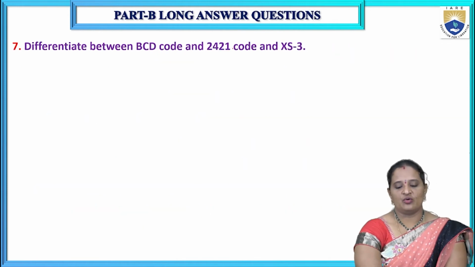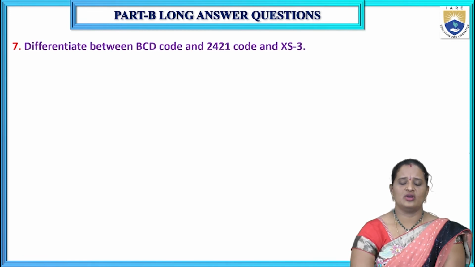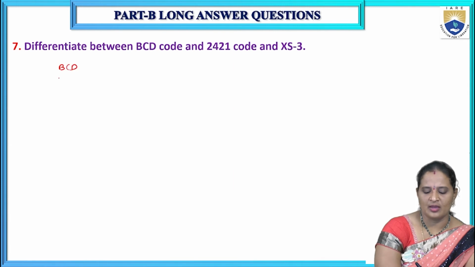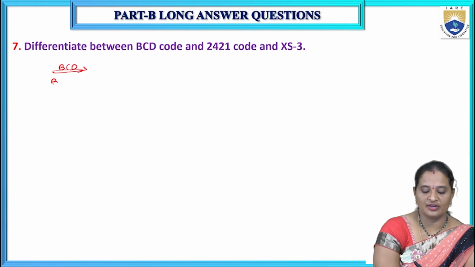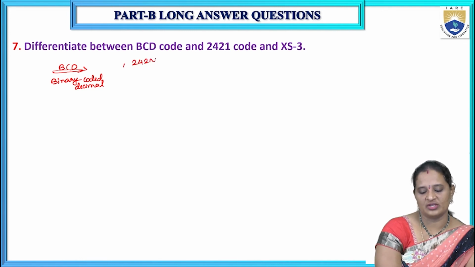Difference between BCD code, 2421 code and XS3 code. So what should we do? We know that BCD code is nothing but binary coded decimal. Just explain what is binary coded decimal, what is 2421 code and XS3 code.